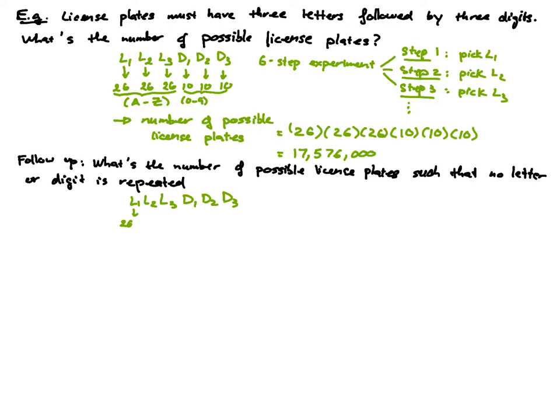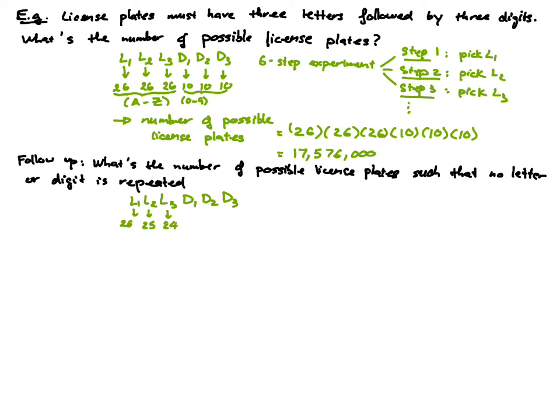So when it comes to L2, you only have 25 options. Okay, and then when it comes time for you to pick L3, you cannot pick the same letter as L1, and you cannot pick the same letter as L2. And so in other words, you only have 24 options to pick from.